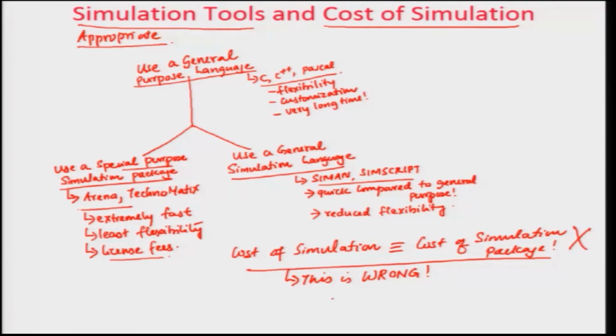So, there are three major components in the cost of simulation. At least three. The major three are the purchase price of software, so that is only one part of it.